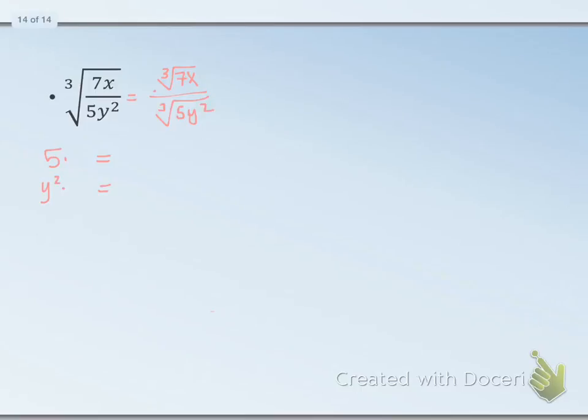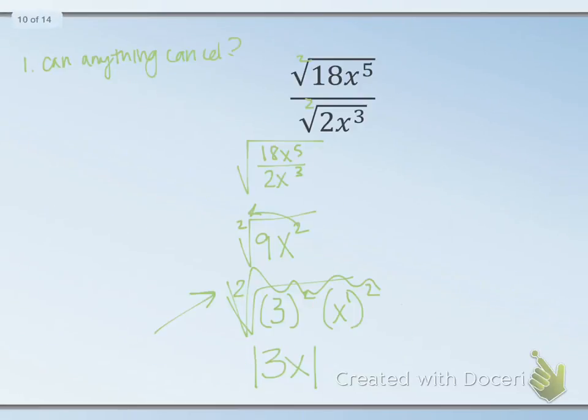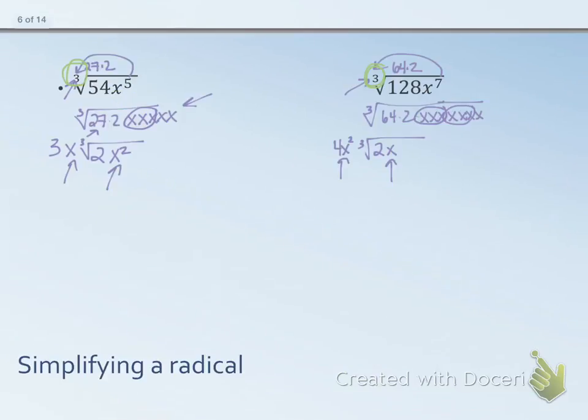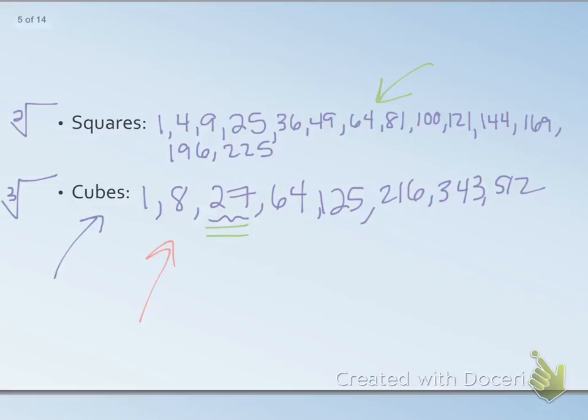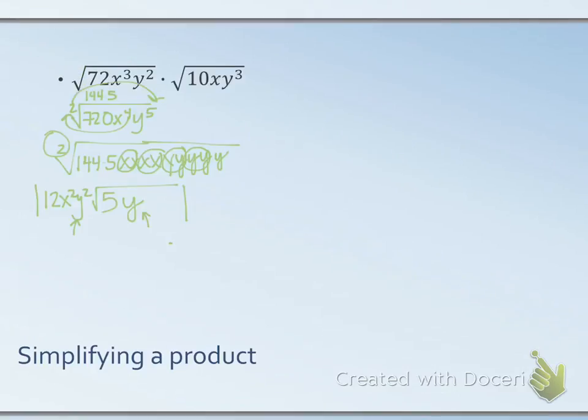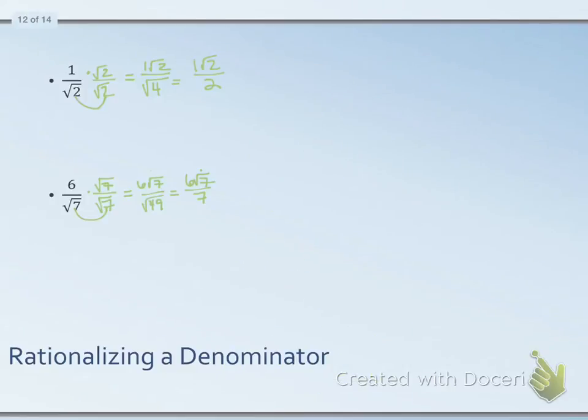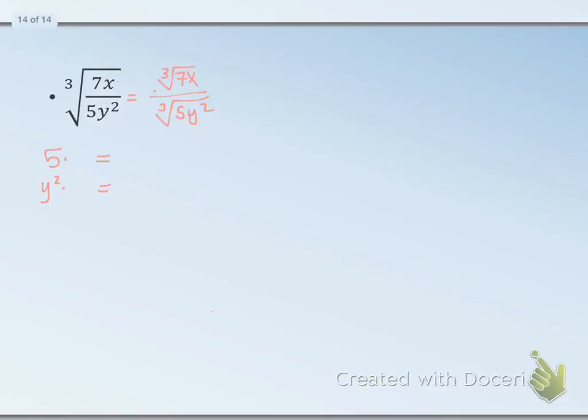So 5, we're going to go back to our cube roots again. Which one of these cube roots is divisible by 5? Well, 125 is divisible by 5. So if I go back, 5 times 25 gets me to that 125 that I need. Y squared times y gets me to the y cubed that I need because we're doing cube roots.